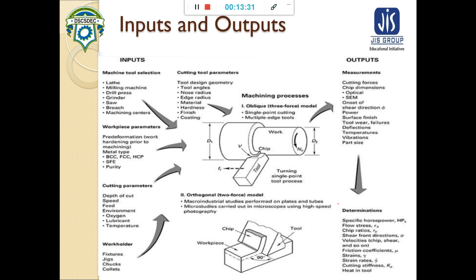All those things can be used as output parameters, and the input parameters are shown here. This side is mainly input parameters, and in case of output parameters, these are the output parameters. So this is our input and output for a machining operation.